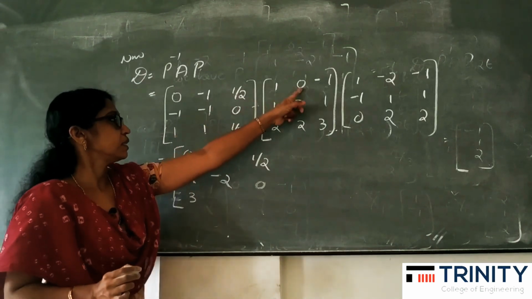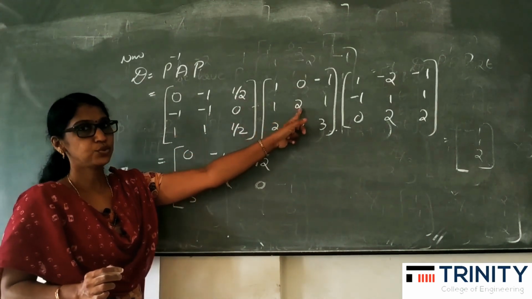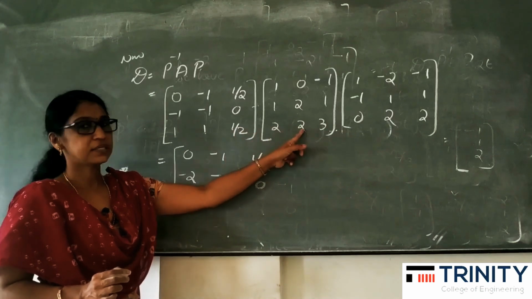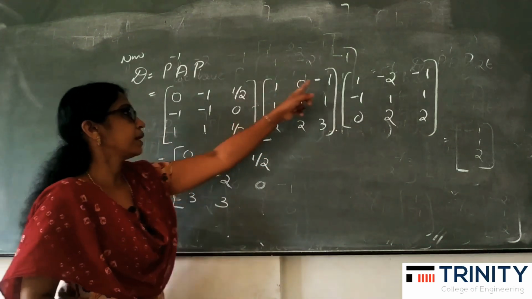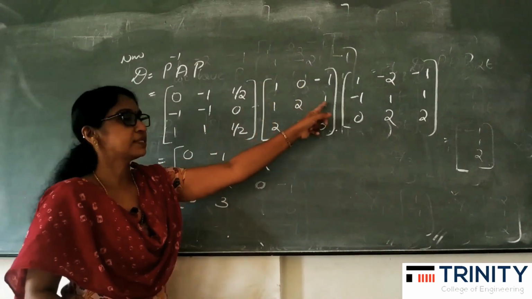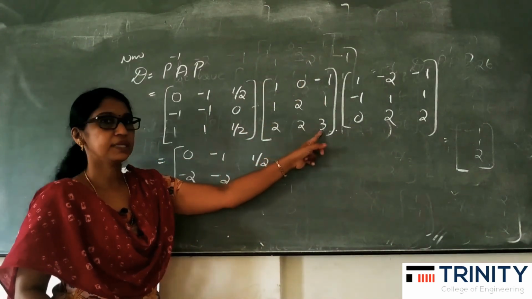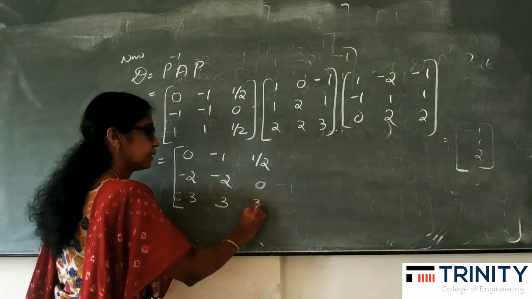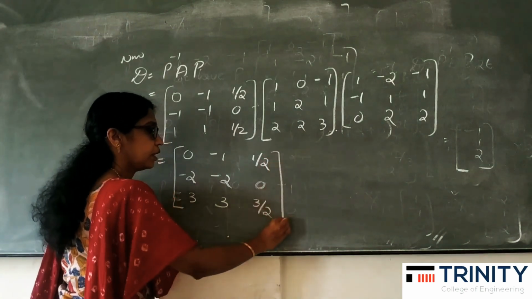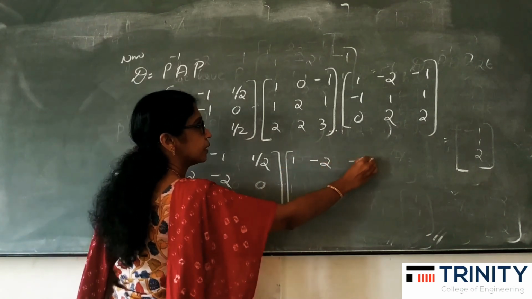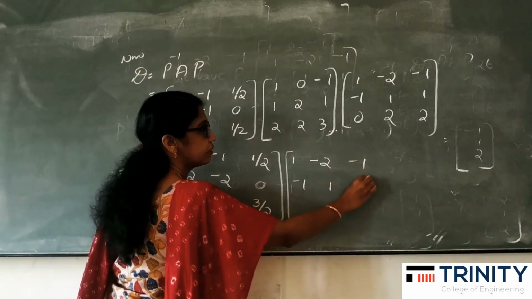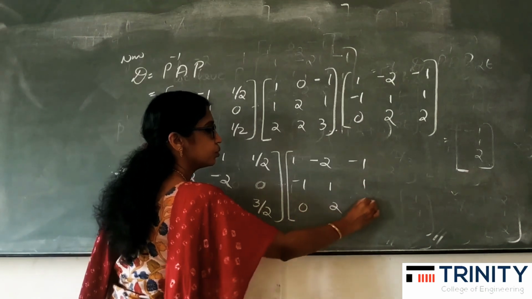Here 0 plus 2 plus 1 is again 3. Here minus 1 plus 1, 0 plus 3 by 2, that is 3 by 2. Into the next matrix, which is 1 minus 2 minus 1, minus 1 1 1, 0 2 2.